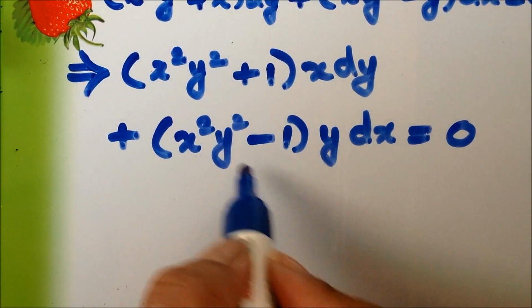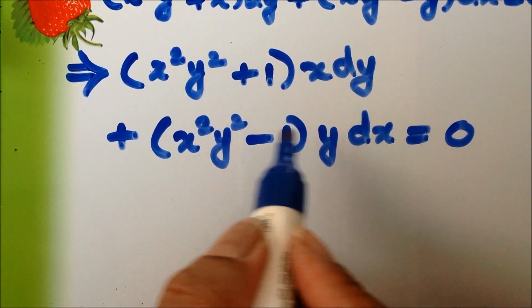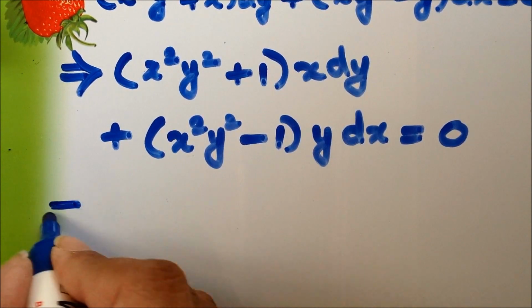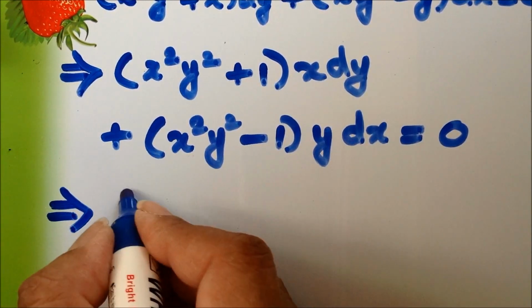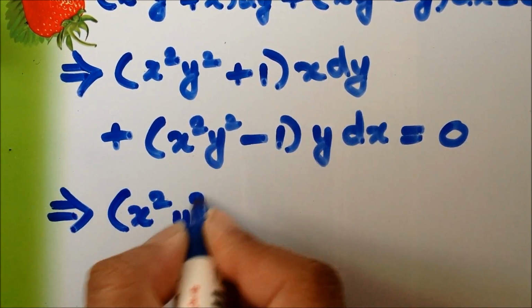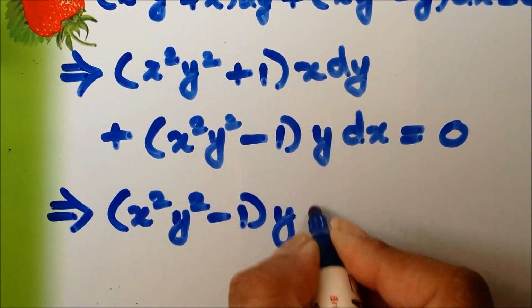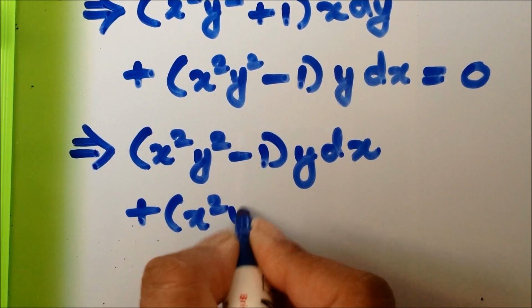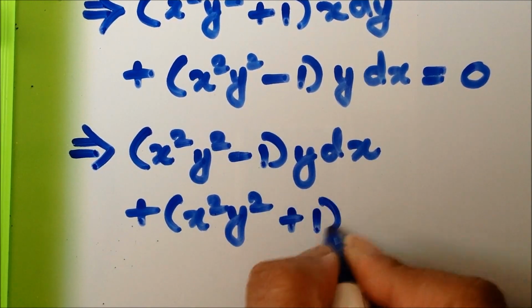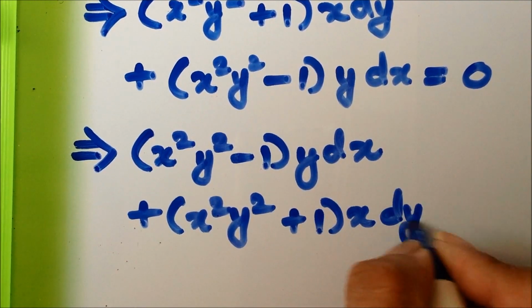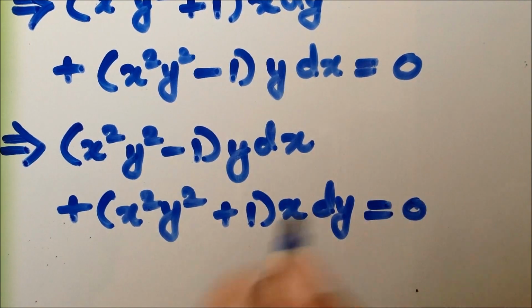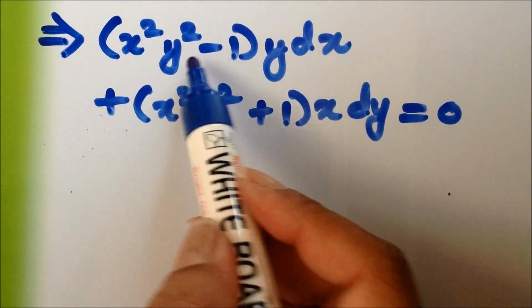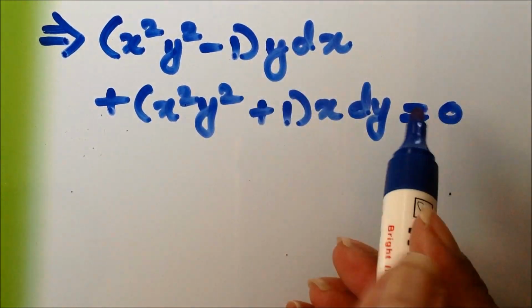Now doing a slight rearrangement so that the equation will look in the form M dx plus N dy is equal to 0, I will write this as (x square y square minus 1) y dx plus (x square y square plus 1) x dy is equal to 0. So now this looks in the form M dx plus N dy is equal to 0.